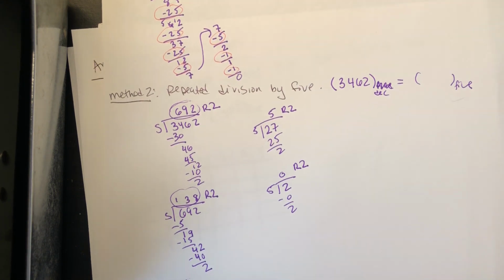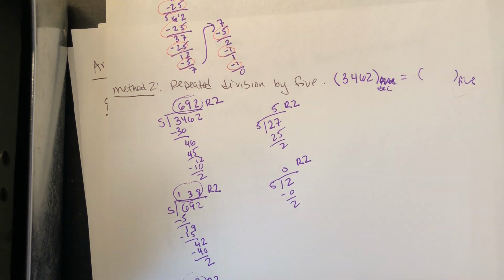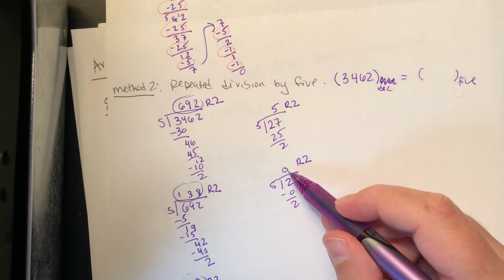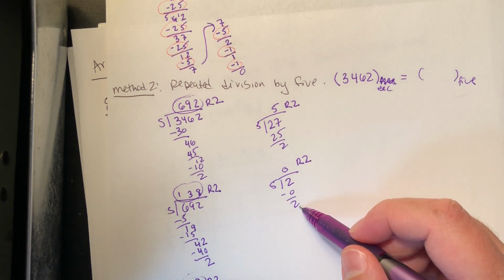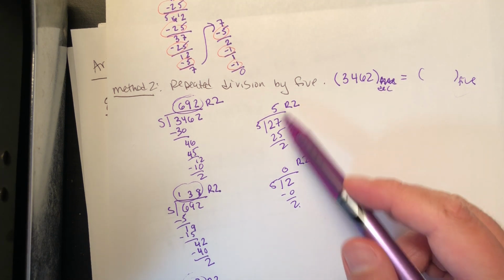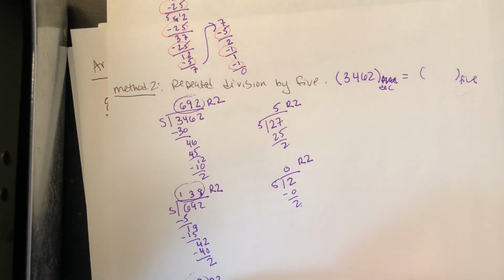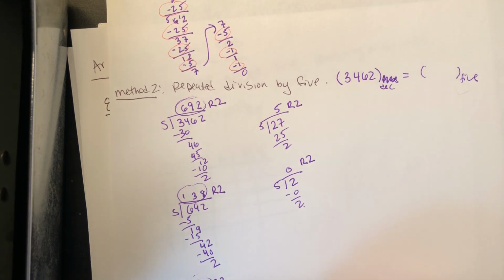And remember how this method works. We're doing, wait a minute. Where did I mess up here? 2 times 5 is 10.